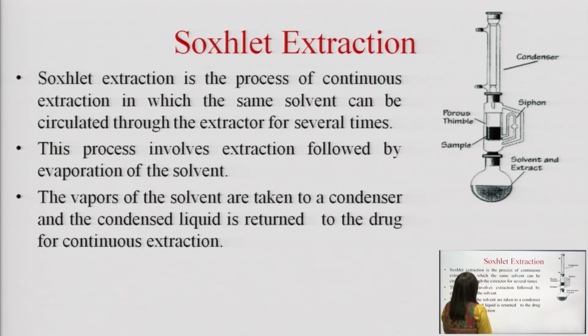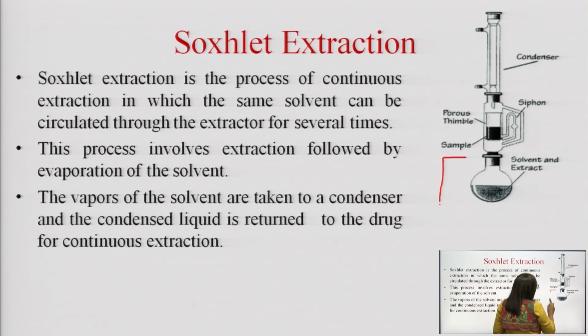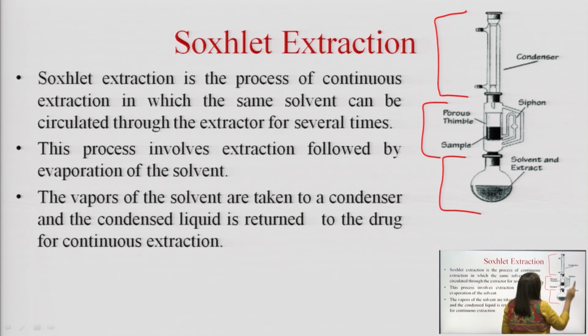So, this is Soxhlet extraction, and here you can see an assembly which consists of a round bottom flask, an extractor and a condenser. Any capacity of round bottom flask which is compatible with the complete assembly, with the same diameter, can be used.